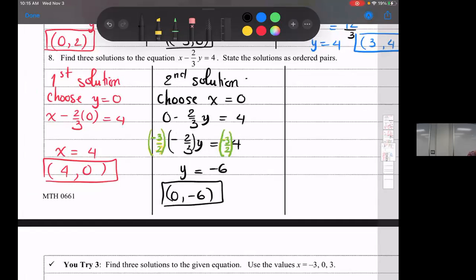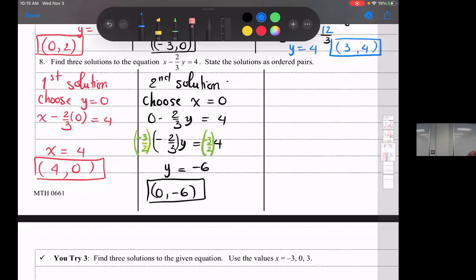And then I'm going to pick for the third solution. Again, there's no wrong answer, but I'm going to choose y equals 3. Why do I choose y equals 3? Yeah, it cancels out that denominator, right?